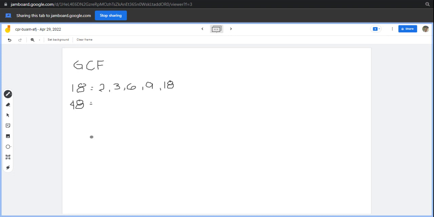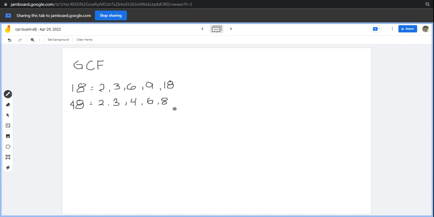So, 48. This one is kind of medium hard. So many factors. It can be divided by 2, 4, 3, 6, and 8. 2, 3, 4, 6, and then 8, diba?